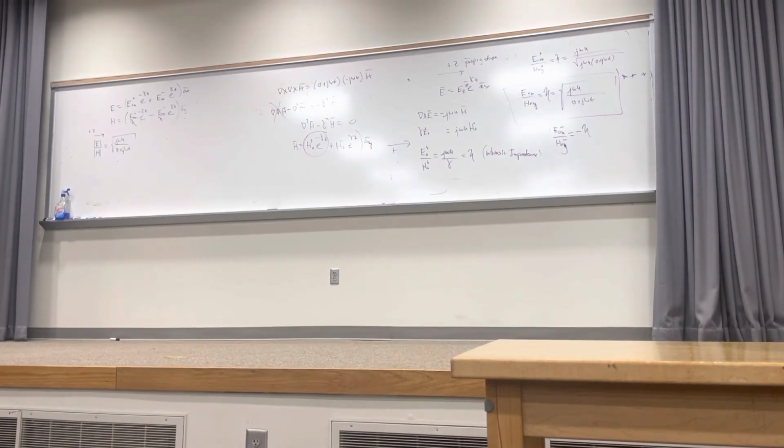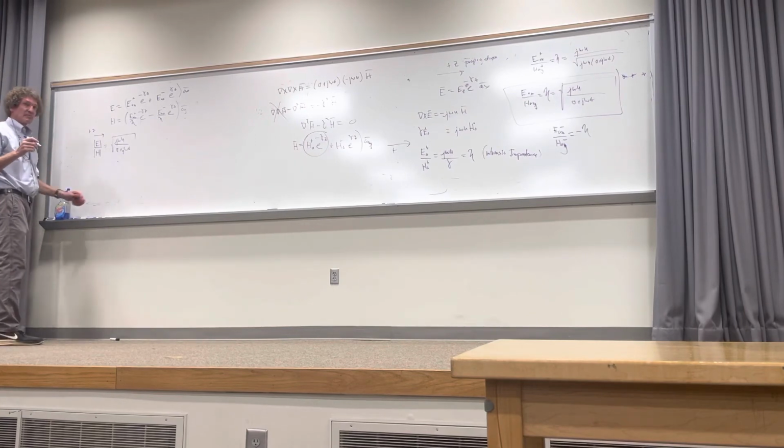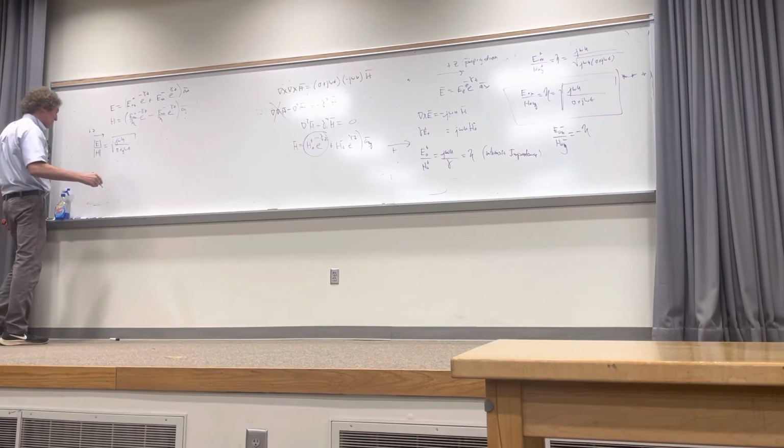The really important value is for free space, because that's 99% of everything, maybe 99.99% of everything I deal with is assuming it's free space or the atmosphere. Very low loss.